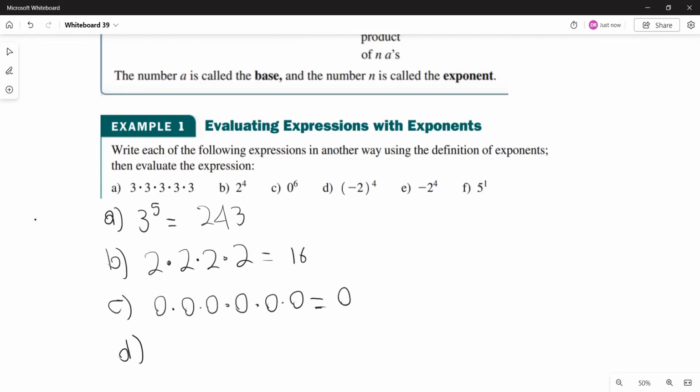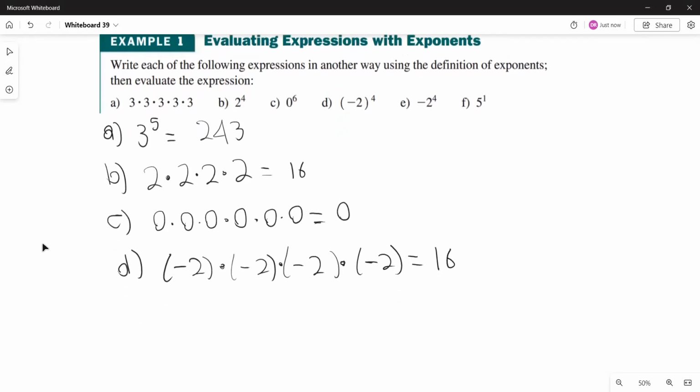D and E, we just need to be careful with grouping symbols. Negative 2 to the 4th power is a product of 4 negative 2's. Okay, negative 2 times negative 2 is 4. 4 times negative 2 is negative 8. And negative 8 times negative 2 is going to be 16.